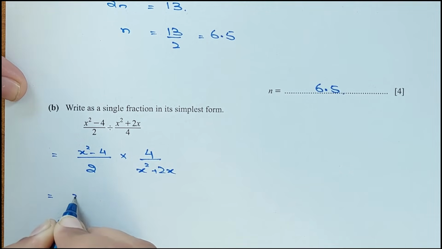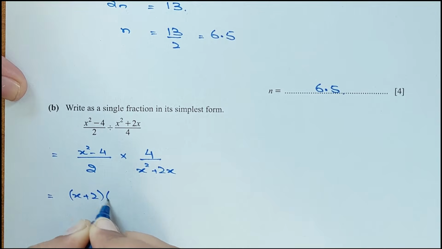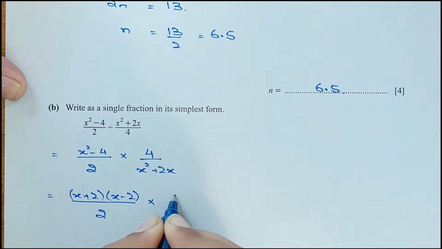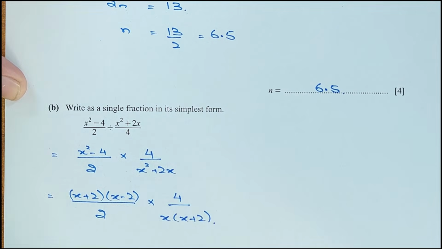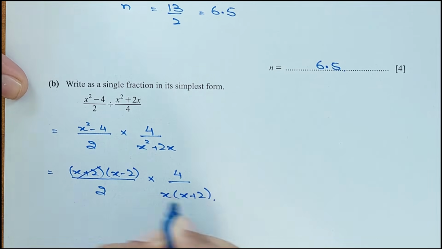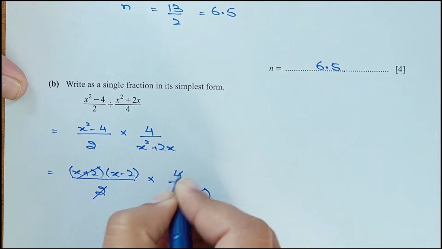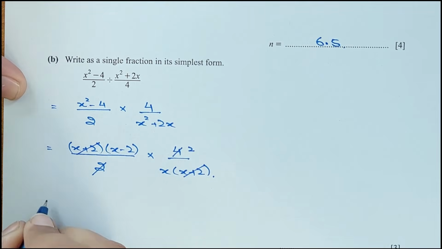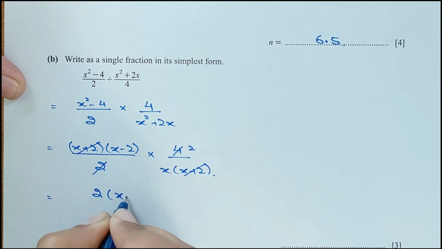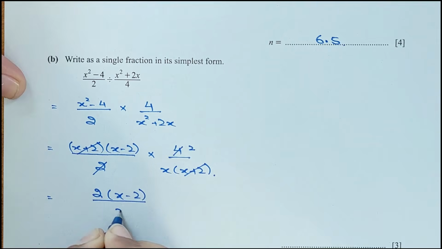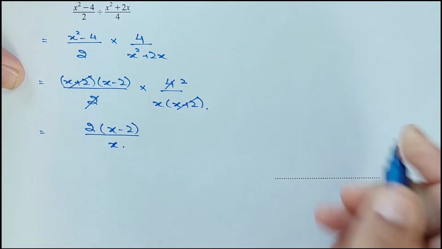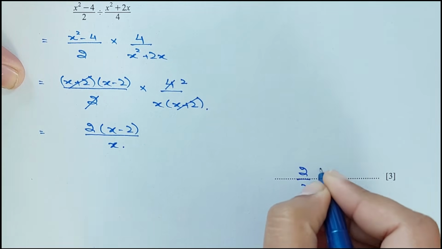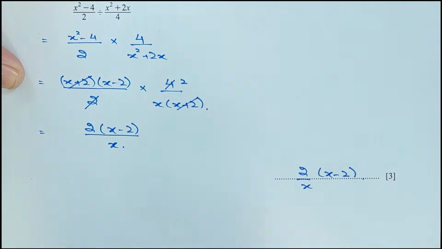Further simplification: x plus 2 times x minus 2, this is the difference of squares formula we have to use here, and taking x common in the denominator. Cancel the like terms, x plus 2 cancels with x plus 2, 2 times 2 is 4. So the simplified expression is 2 times x minus 2, divided by x. Let me write this down. 2 over x times x minus 2 is the simplified answer as a single fraction.